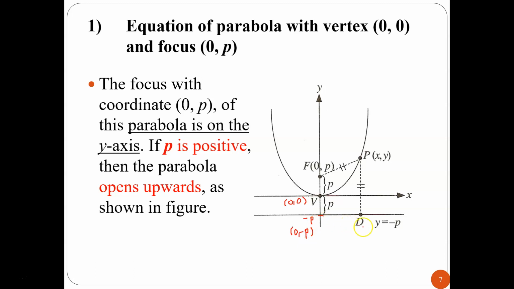So when you write down the equation for the straight line D, y equal to negative p. And here is actually y equal to 0. And this one is actually x equal to 0.